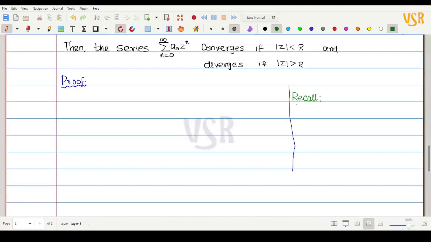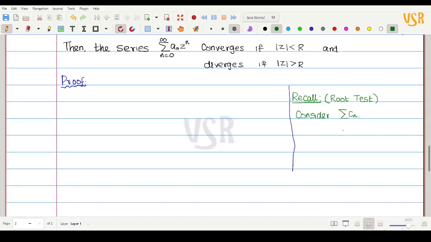ஓகே, இது வேற ஒன்றும் இல்லை, ரூட் டெஸ்ட்டை ரீகால் பண்றேன். ரூட் டெஸ்ட் என்ன சொல்லுது அப்படின்னா, consider summation c_n அப்படின்னு ஒரு சீரியஸ் எடுத்துக்கிறேன்.